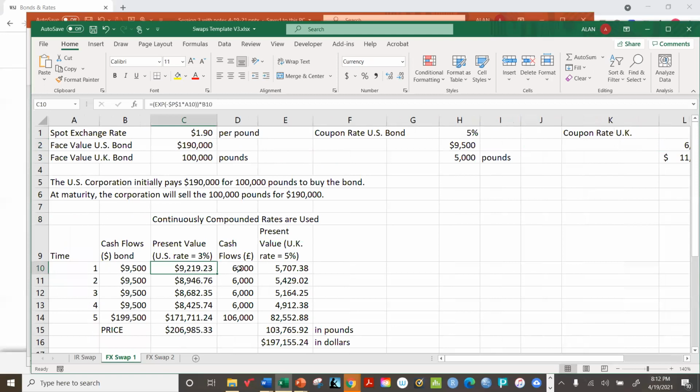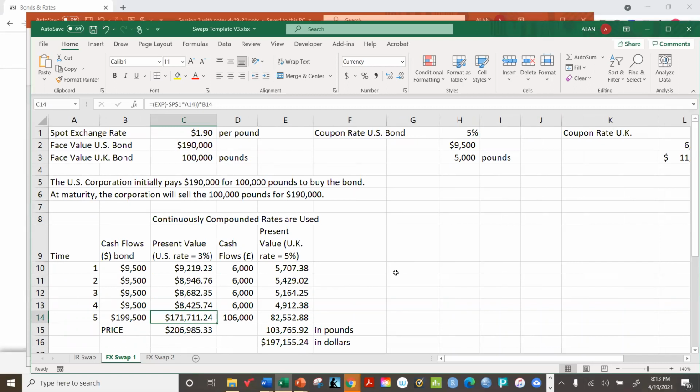So that means I'm discounting these at 3%. This is discounted for 1 year, 2 years, 3 years, 4 years, and 5 years. So the formula here will be e to the minus the US rate times the time multiplied by the principal, which is right here, $9,500. So using that US rate, which is fixed at 3% for 5 years, that's an assumption, by the way.